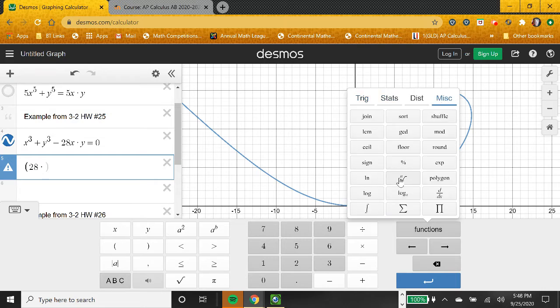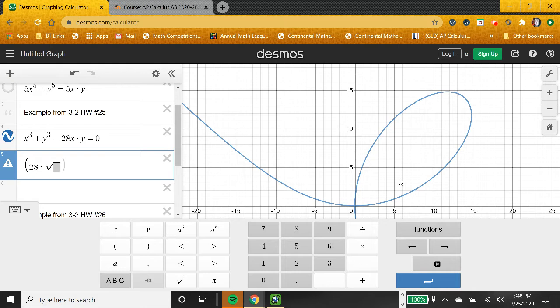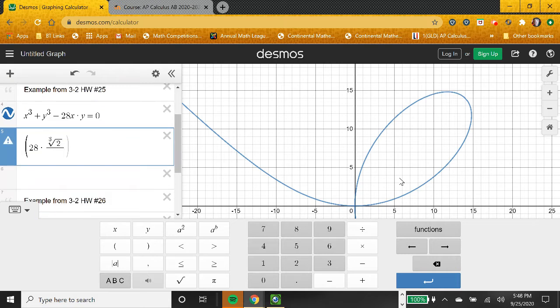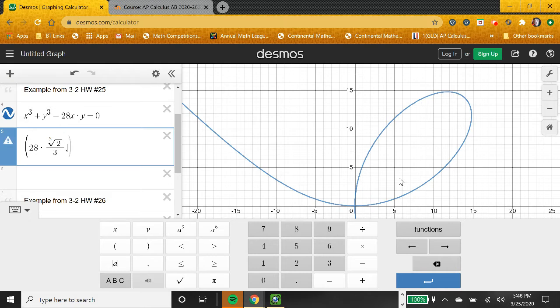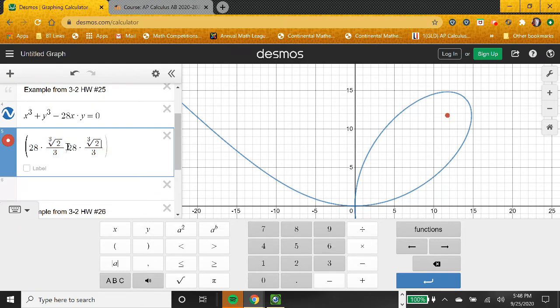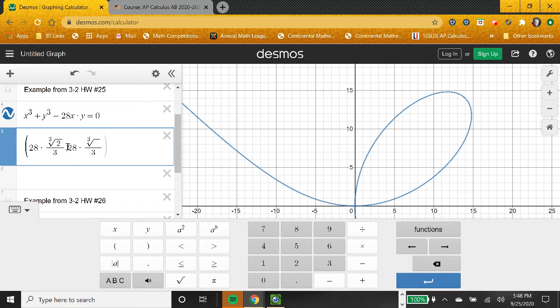There we go. I want the cube root of 2 on the outside, divided by 3. Comma. I want the same expression for the y, except I'm going to make it a cube root of 4. So copy, paste. And I'm going to make this 2 a 4.